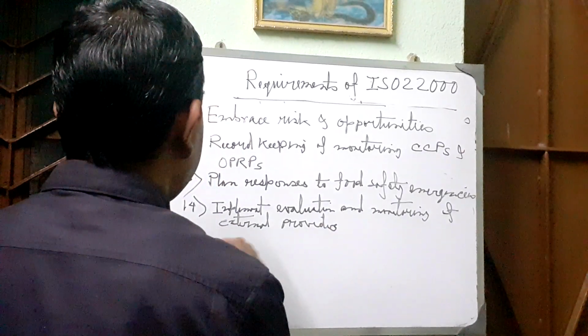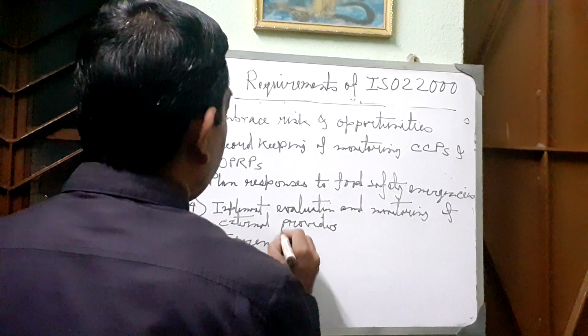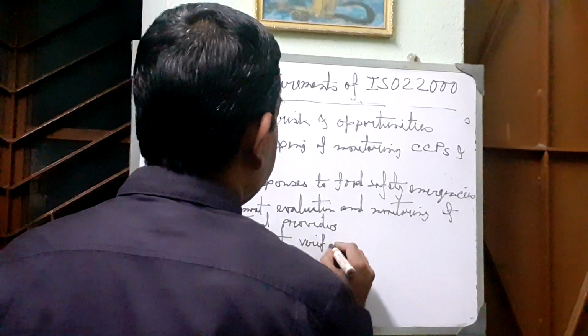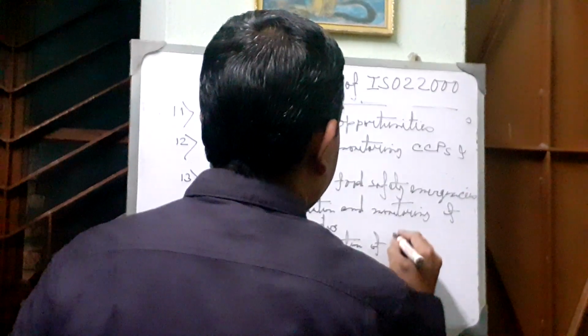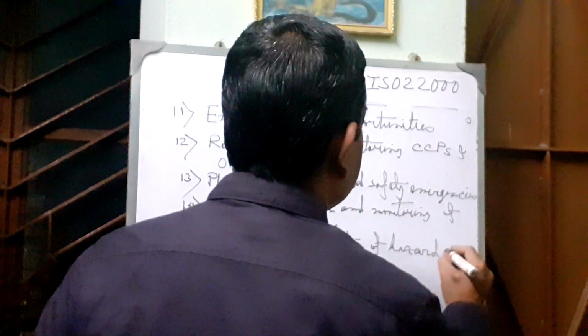The 15th one is implement verification of hazard control plan and PRPs.